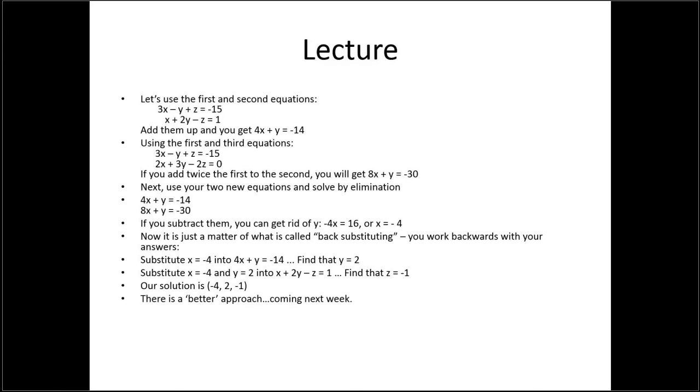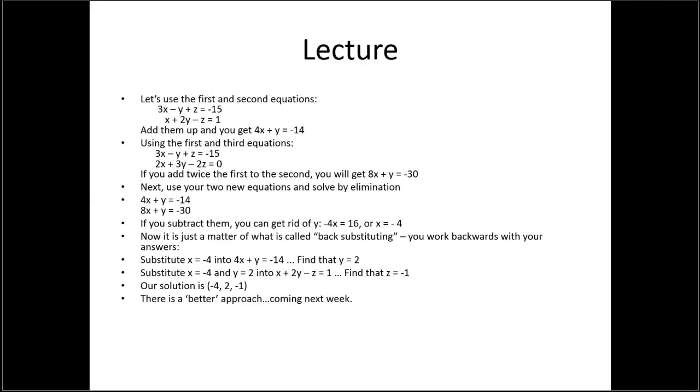Okay, and then if you can also get rid of the z between another set of equations, in this case the first and third equations, then you have something you can deal with. Okay, so you have 4x plus y equals -14 from the first and second equations, using the first and third, you get 8x plus y equals negative 30.